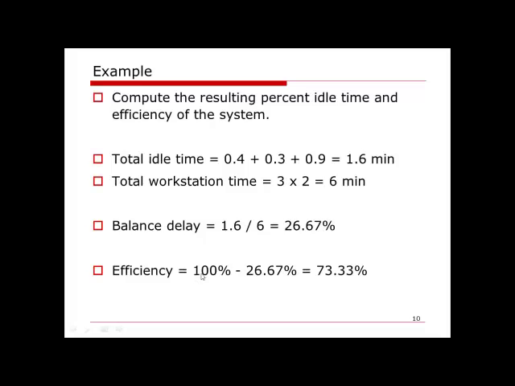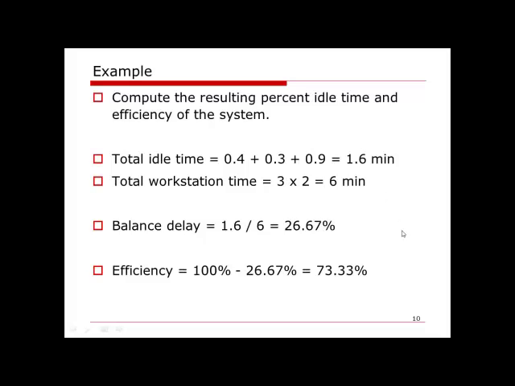Efficiency is 100% minus this balance delay, which is the percentage of time that we are really working on the assigned jobs. The balance delay, or the percentage of idle time, is the percentage of time that we do not work on the given tasks. So this is how we calculate the efficiency through the balance delay.